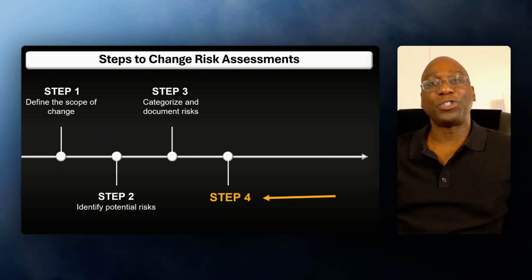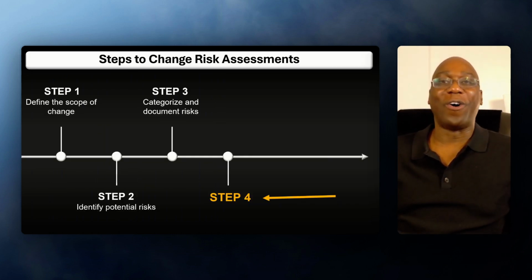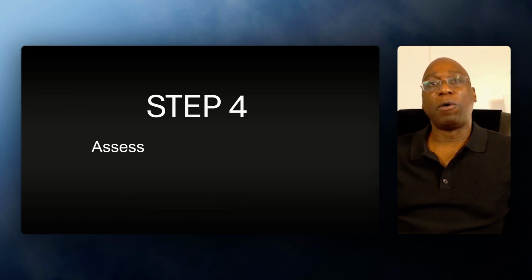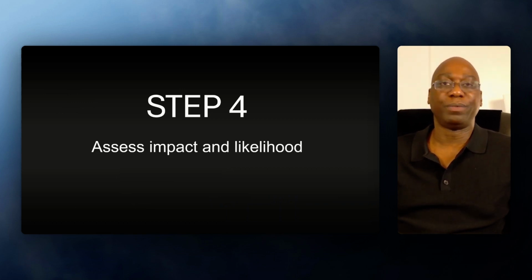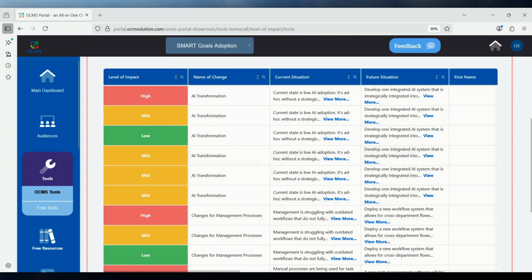And that moves us to step number 4. For step number 4, you want to assess impact and likelihood. So here is a visual representation of what I mean by identifying impact and also likelihood. So you basically want to rate each risk based on likelihood, low, medium, or high, and also impact.